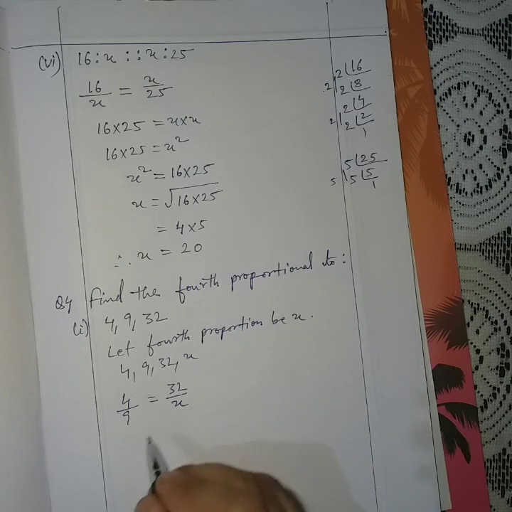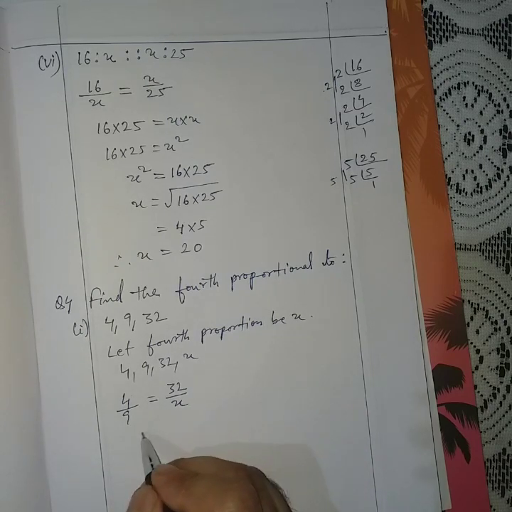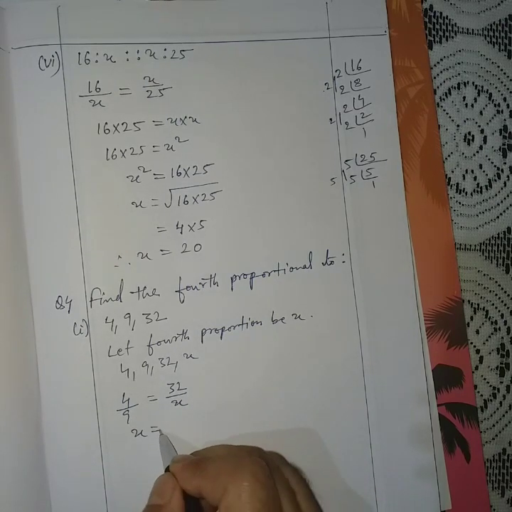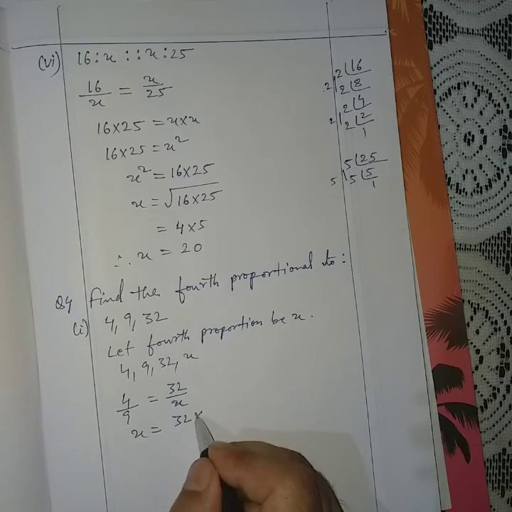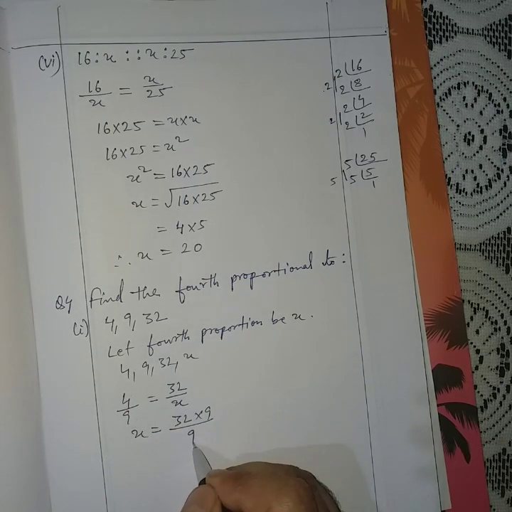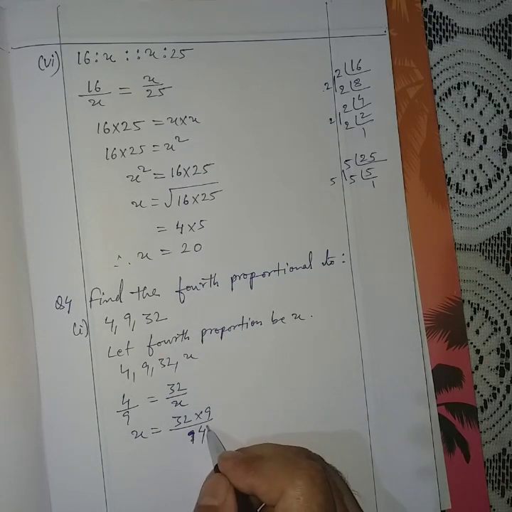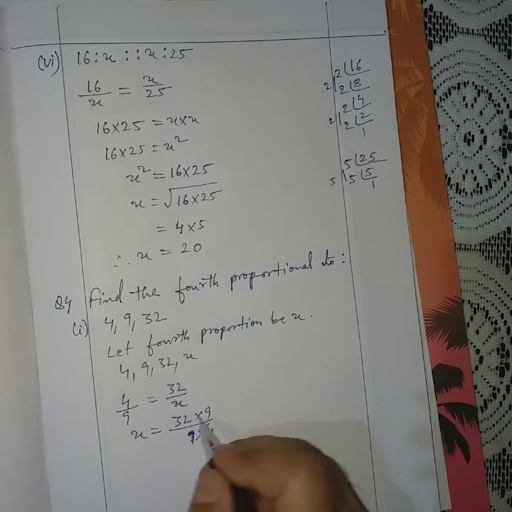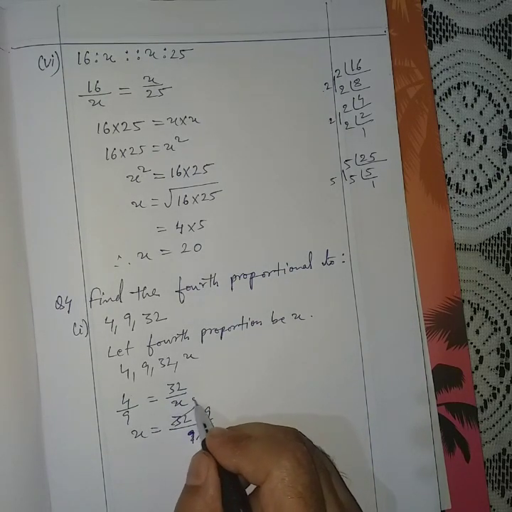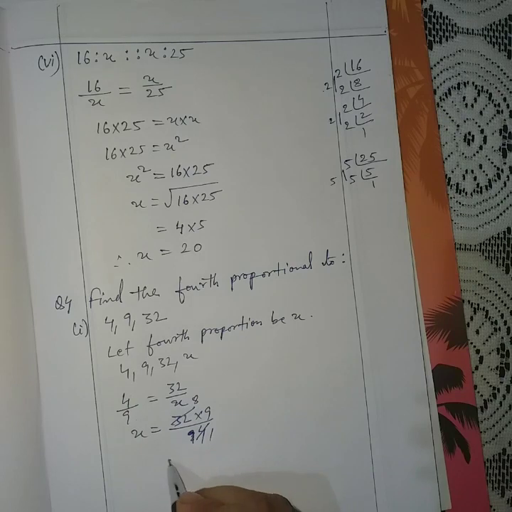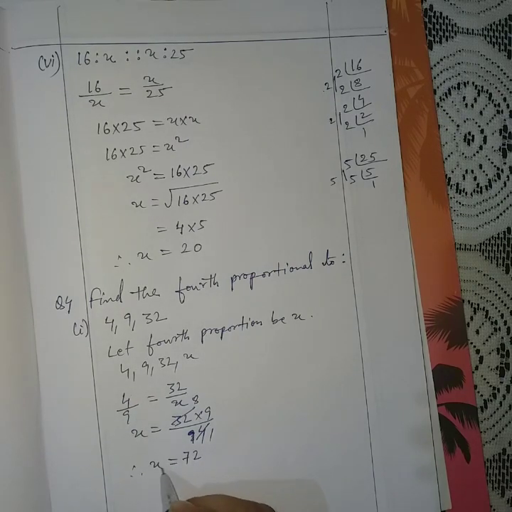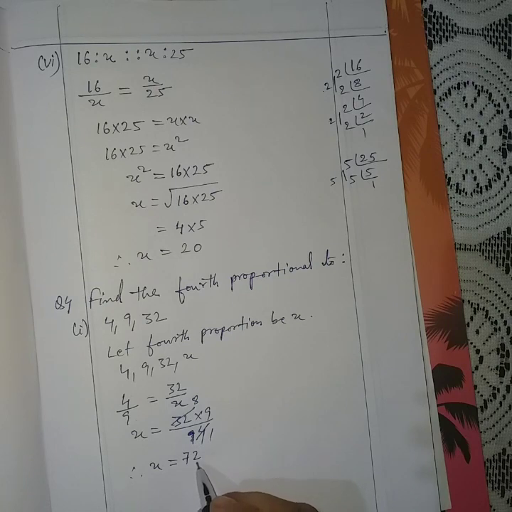Cross multiplication: x comes this side, 32 times 9 comes this side, and 4 comes in the denominator. 4 ones are 4, 4 eights are 32, 9 eights are 72. Therefore x, that is the fourth proportional, is 72.